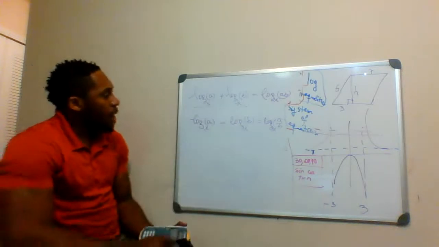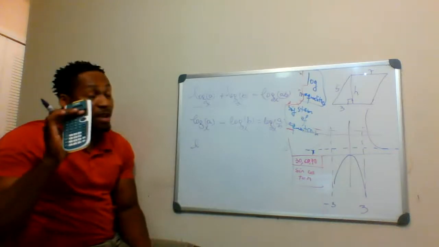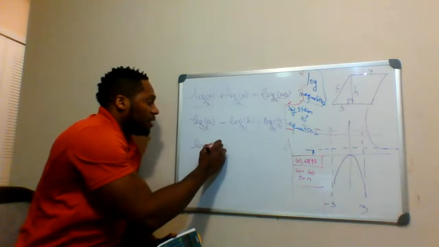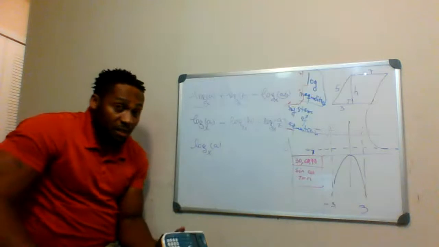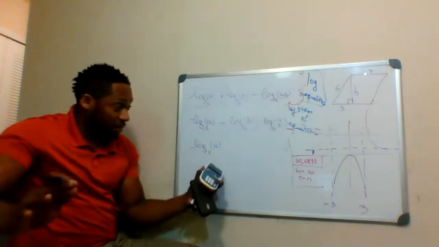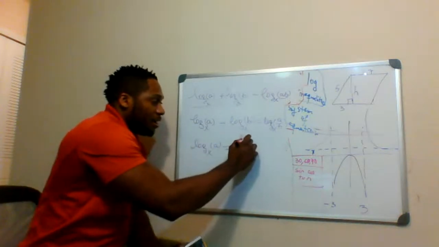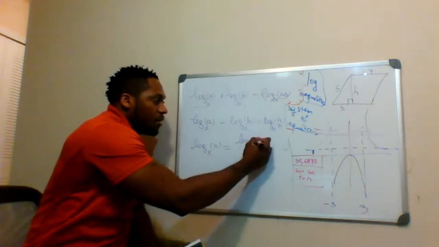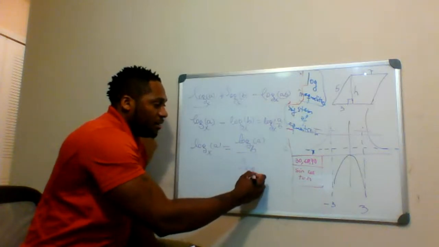So that's for the log. The other thing that's cool and neat, and the one we use mostly when we have these calculators, is log base x of a. This is what you call the change of base. So what I can do here is get a random base, let me call that base b, of a divided by log base b of x.